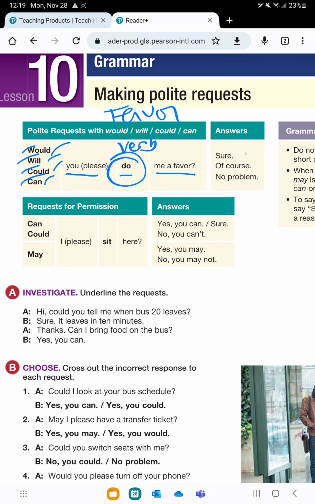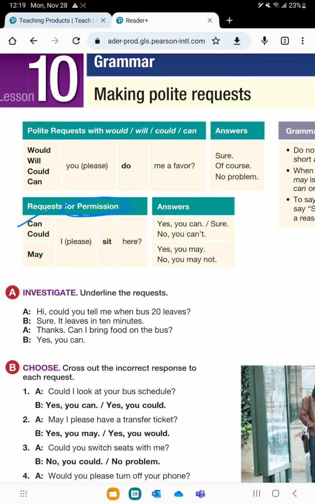And then our answers, these are if you want to say yes, we can say sure, of course, no problem, anything you like. Now, when we're asking for permission, notice that we can say can, could, or may I please sit here.